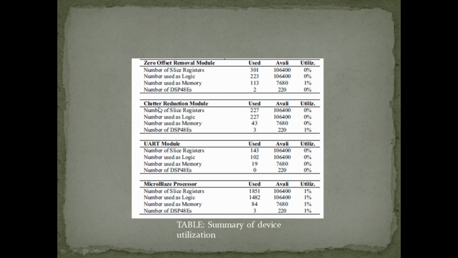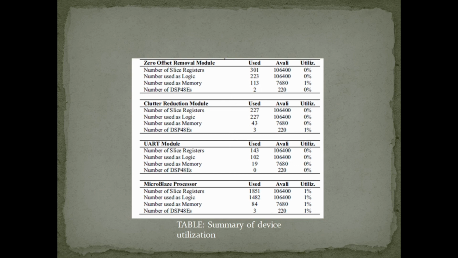The same categories have been given for all the modules: zero offset removal module, clutter reduction module, UART module, and MicroBlaze processor. And all from the Xilinx software, they have got these details where they have given the percentage utilization for each module and for each category.